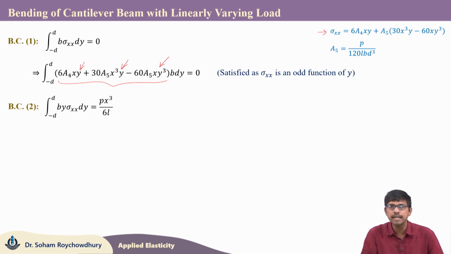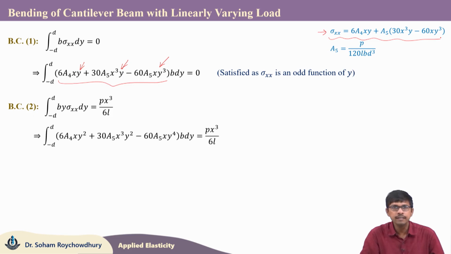The moment at any particular cross section is written as p x cube by 6L, and in terms of sigma xx, that is integral b y sigma xx dy from minus d to plus d. Now, replacing this form of sigma in this equation, it would look like this. Integrating the right-hand side with respect to y from minus d to plus d, we get these two sets of terms.